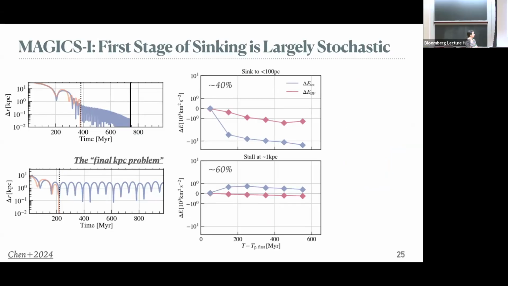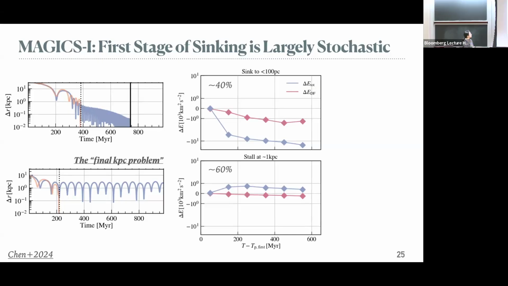we learned is that you see there's a large scatter in the dynamical timescale that was found compared to the analytical predictions. And the reason is that the first stage of the sinking, or how large the black hole orbits start with, is very stochastic. So basically, if you look at these two comparisons, the large scale tidal field, or the galaxy merger initial stage, largely determines the fate of whether the black holes sink or stall in the first place.